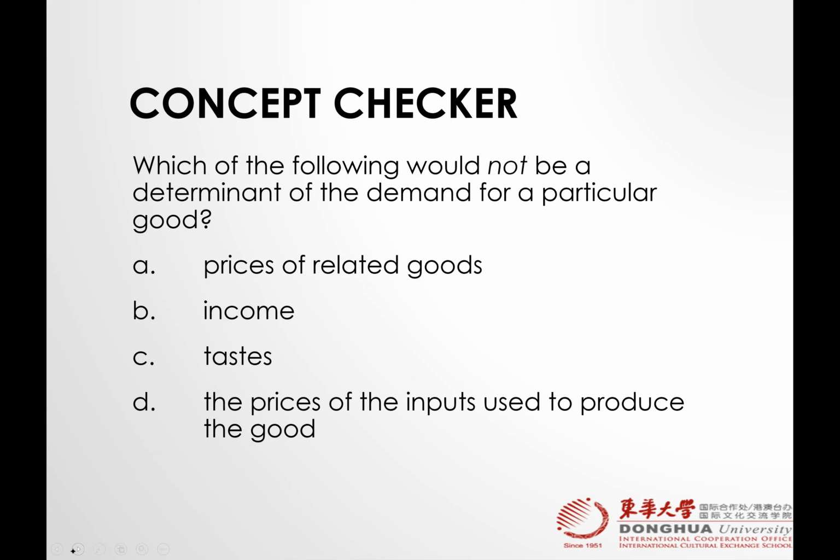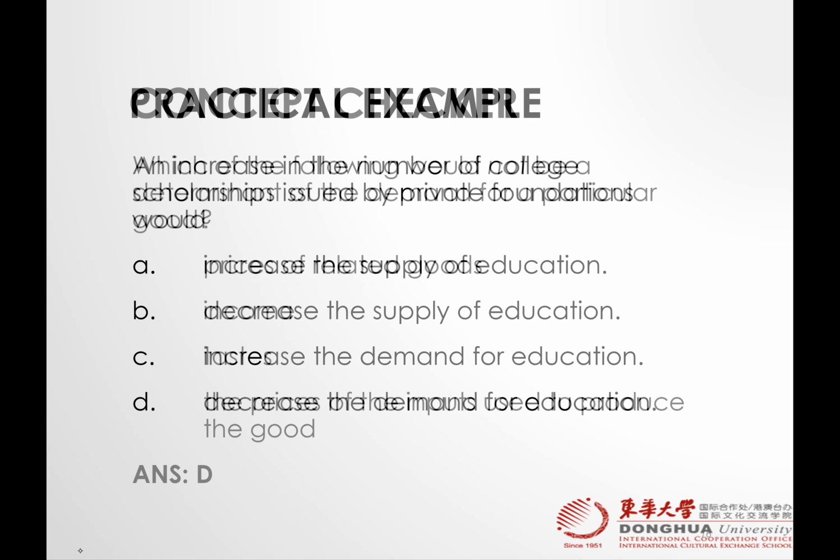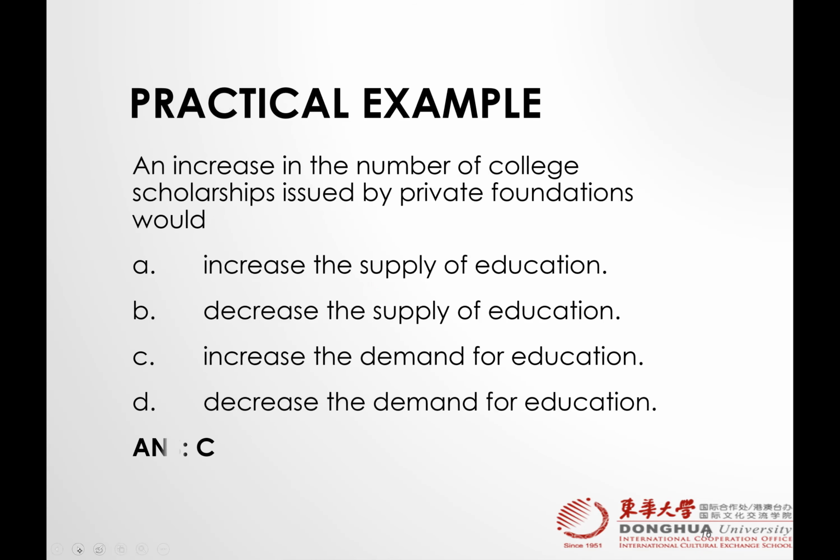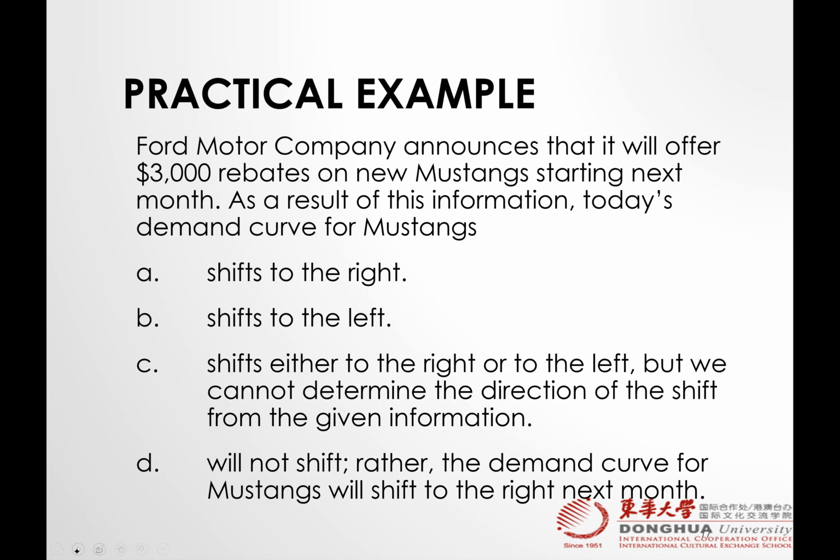Which of the following would not be the determinant of... Yes, we already talked about that in our last lecture. Sorry, guys, we did it. Okay, this one we haven't talked about. I'm going to give you 3 minutes to read the question, and then I will ask one member of the class to answer this.